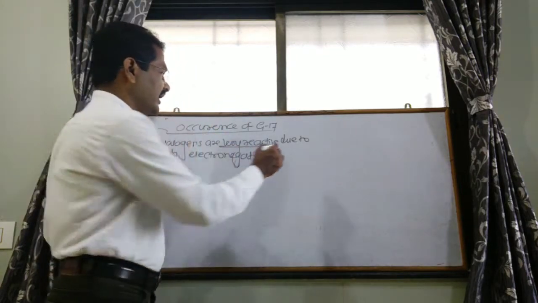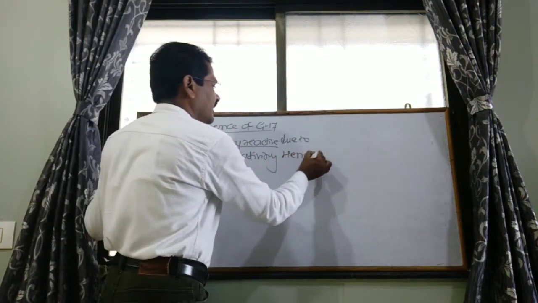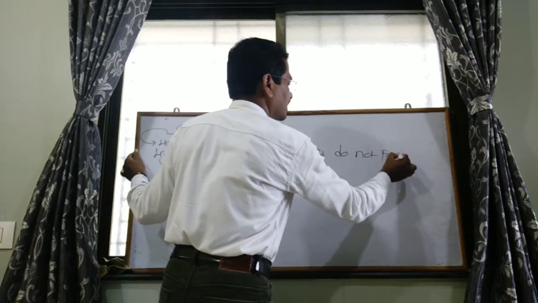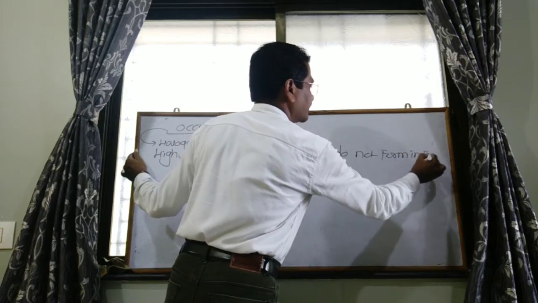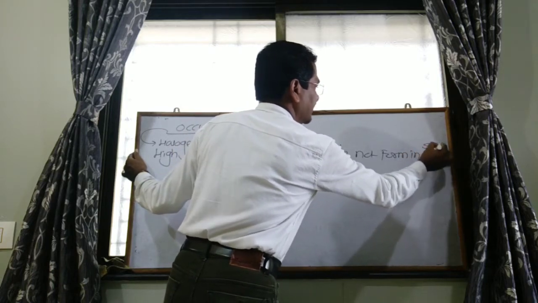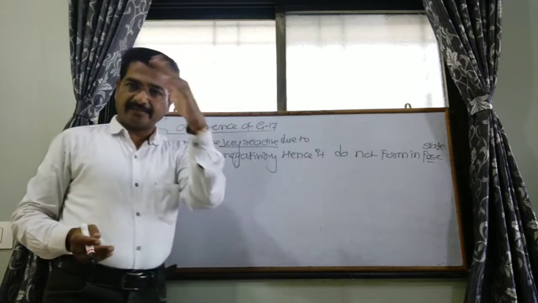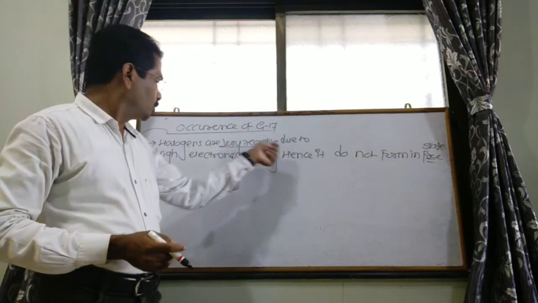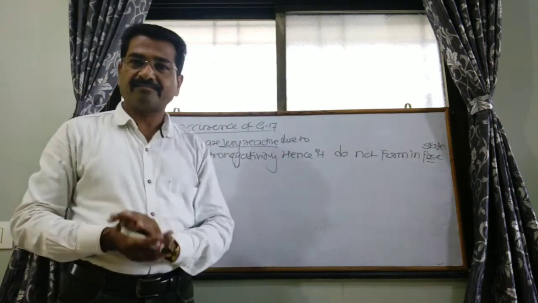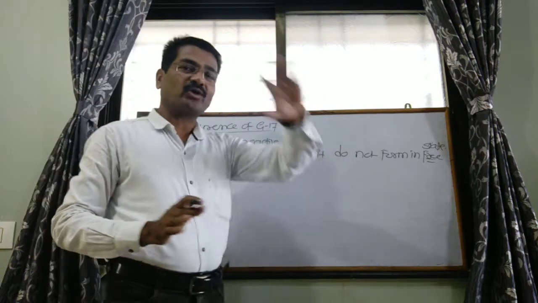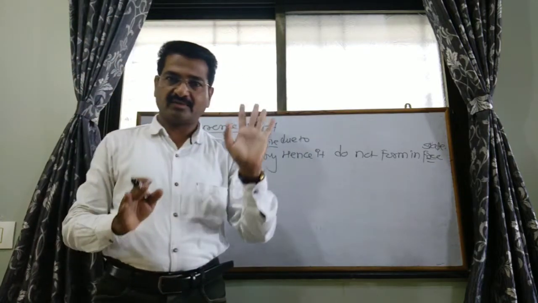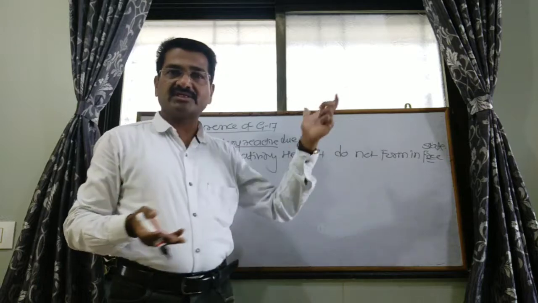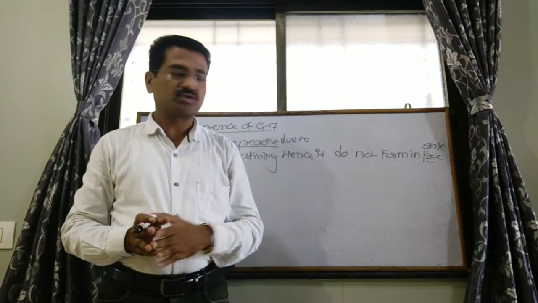Hence they do not occur in free state in nature. Say again, halogens are very reactive due to high electronegativity, hence they do not occur in free state. We cannot observe halogens in the atmosphere stored in free state.